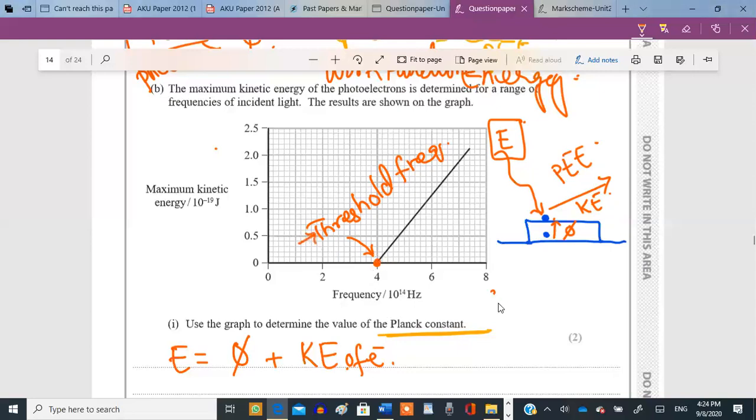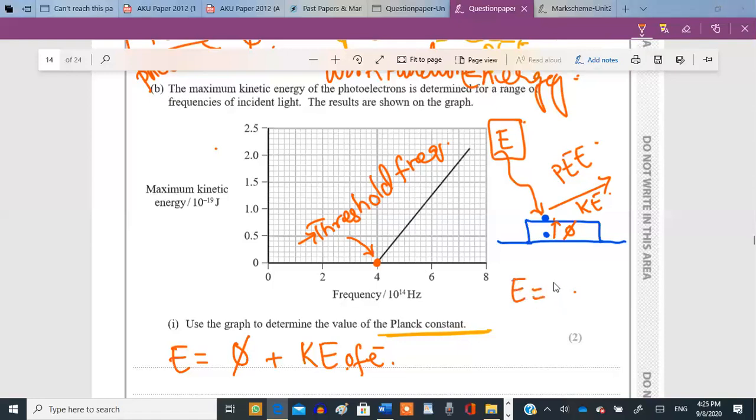This threshold frequency can be calculated using the formula, the work function is equal to h f naught. The value for the work function is not given in the graph, so we cannot use this formula over here. Instead, what we can actually do is use the gradient of this graph. Why the gradient?